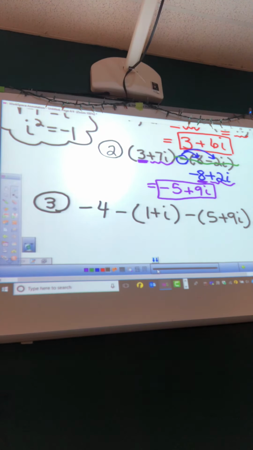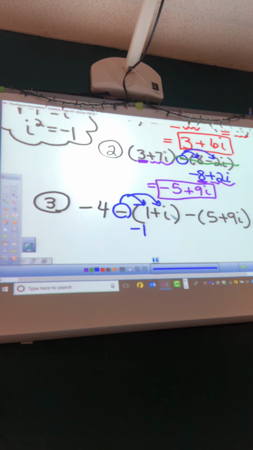But again, when we are subtracting, I do like to distribute. Distribute the negative. So when we go to that first parenthesis, and it's not a -4 times, it's just a -4 minus that complex number. So my 1 becomes what? -1.